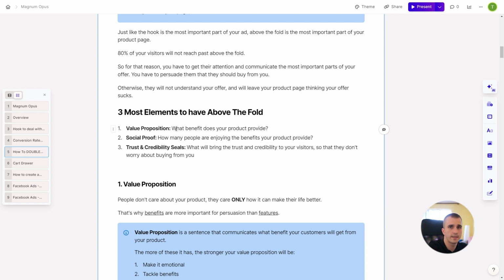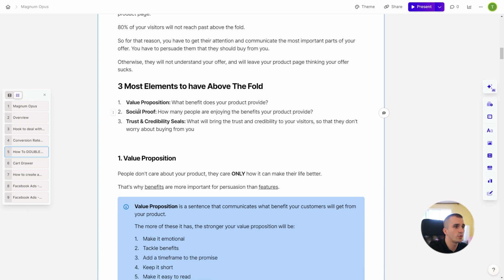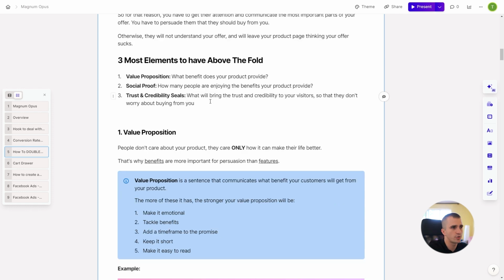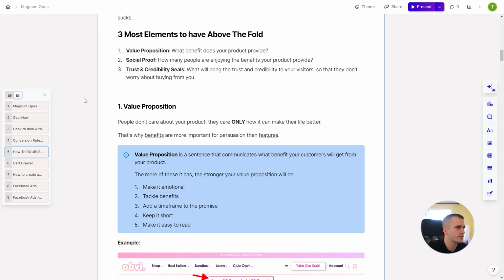What is the benefit that they will get? Then you need to have social proof: how many people are enjoying your product, basically enjoying its benefits. And trust and credibility signals: what will bring trust and credibility to your visitors so that they don't worry about buying from you, and so that you reduce the friction they have when they want to buy from you. Those 3 elements will be the topic of this video, right?